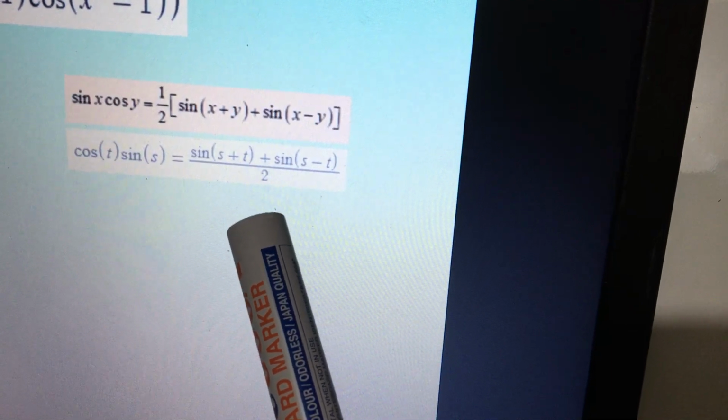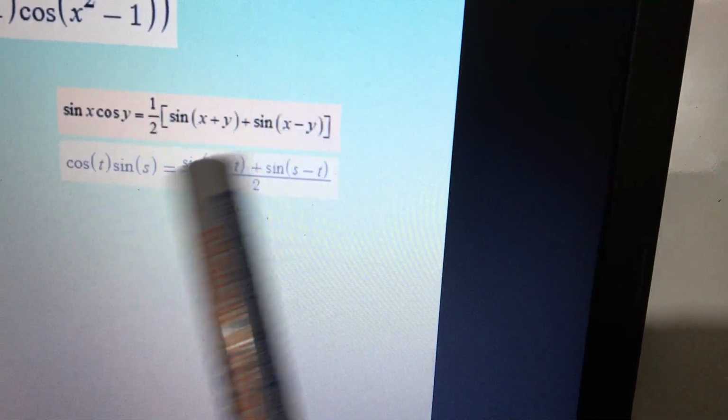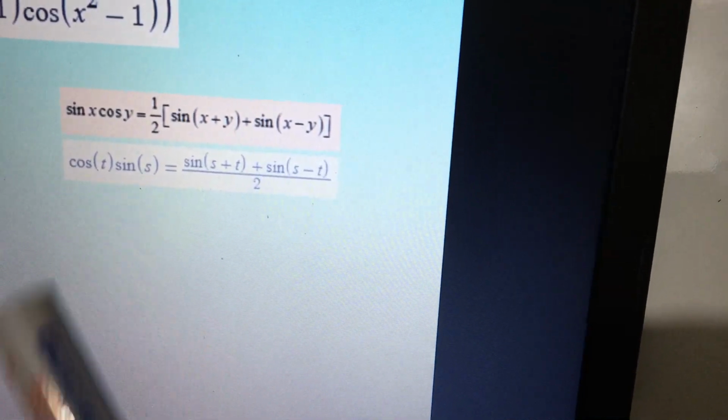Or this is just the same as this. Here we use x and y, here we use t and s.